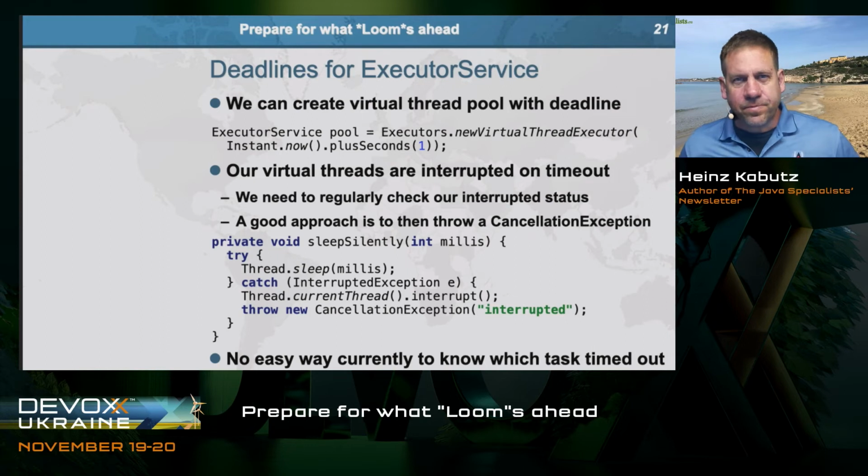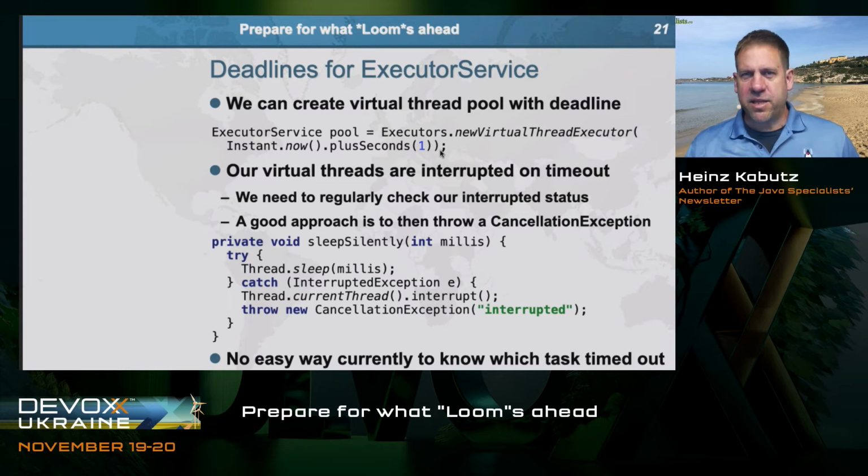And here's an example. A few versions ago, they had the idea of having a deadline with the virtual thread pool. So you could start a virtual thread executor with a timeout of when it should time out, which is, for example, Instant.now plus seconds 1. So it should only be around for 1 second.